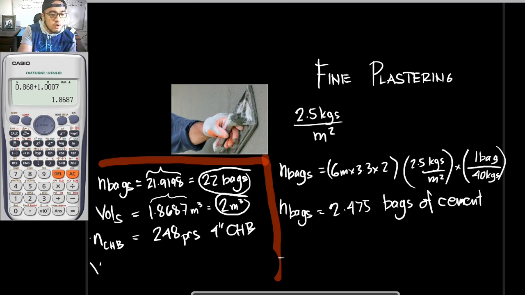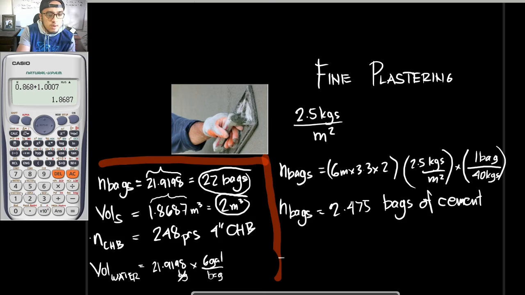So, for volume of water, just multiply the number of bags by 6. So, that would be 21.9198. By the way, this should not be rounded. So, yung gagamitin mo dito sa volume of water, multiply it by, ano sabi ko, 6 gallons per bag. So, may unit na bag to kanina, no?